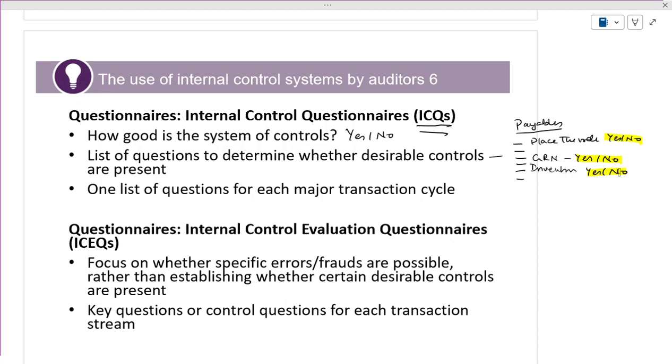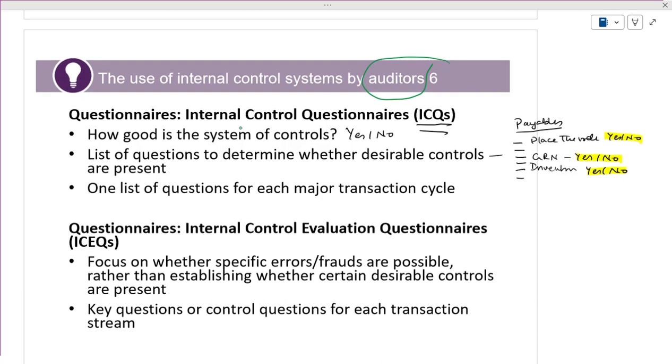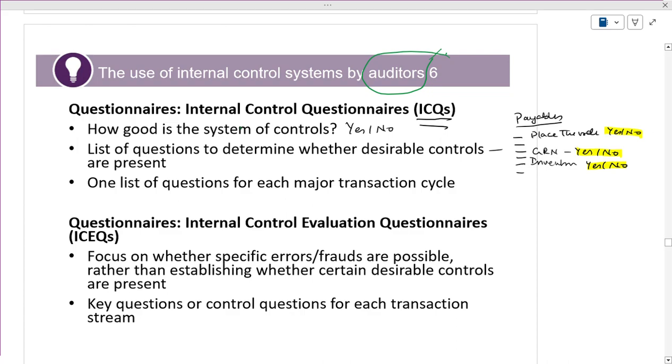See, it has been very clearly mentioned: the use of internal control systems by whom? By the auditors. One list of questions for each transaction cycle, in terms of payables, in terms of receivables, in terms of cash deposit also.